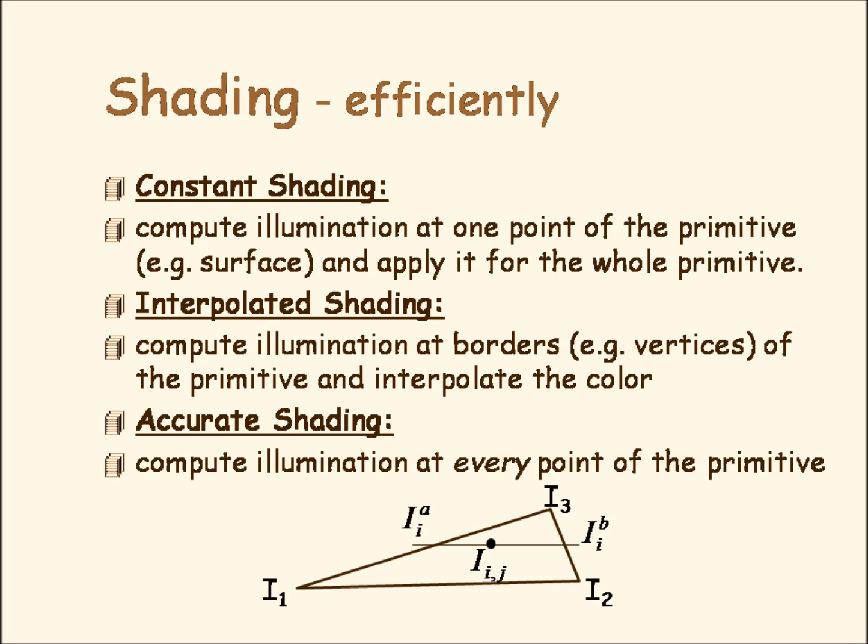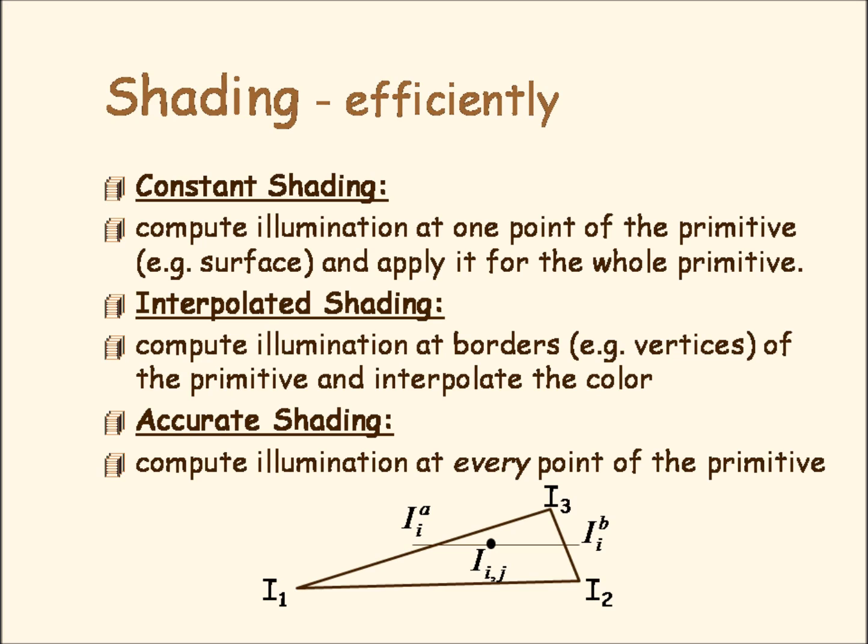Finally, we have accurate shading, which computes illumination at every point of the primitive. This type of shading is very complex and tedious, as we have to compute each and every pixel or point of the primitive, which takes a lot of time and computation.